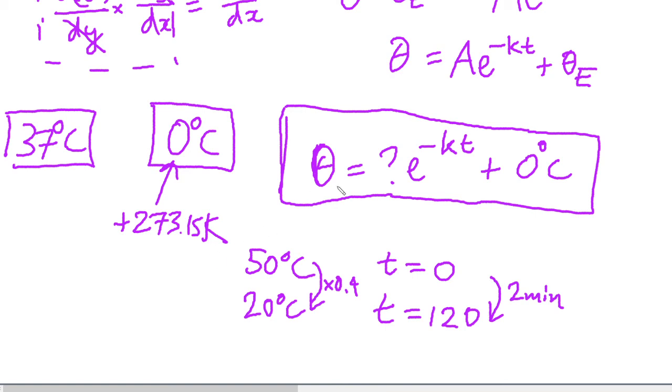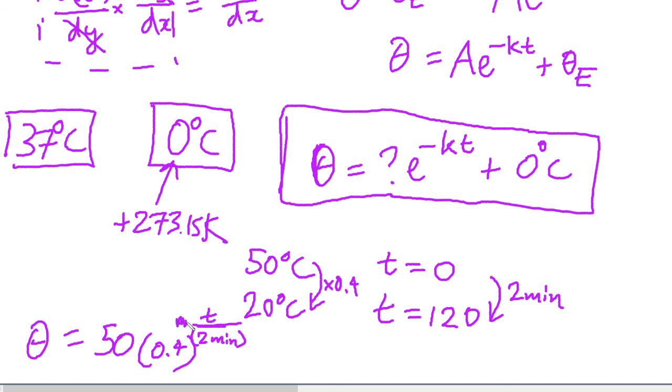Well, that means that you can take this function and put it in the form theta is equal to 50 times 0.4 to the, well, 2 minutes is our time interval, so t over 2 minutes, plus 0 degrees Celsius.